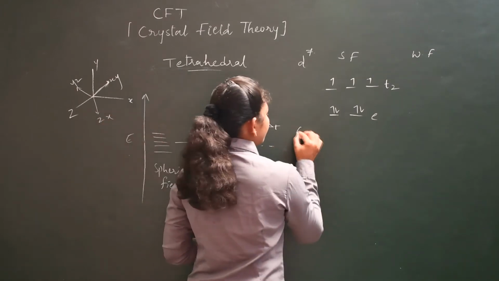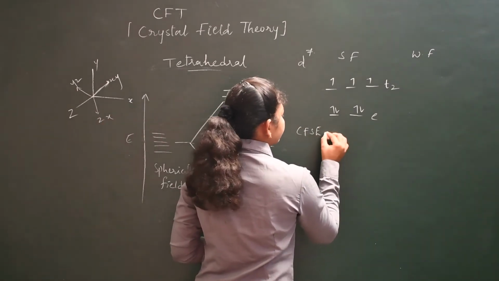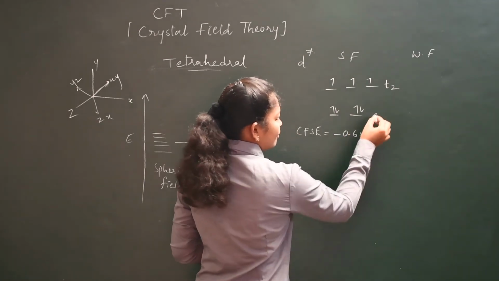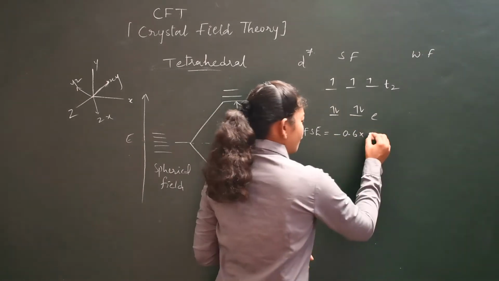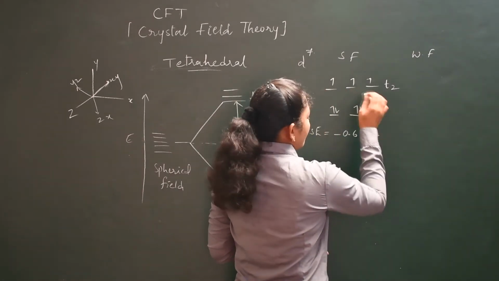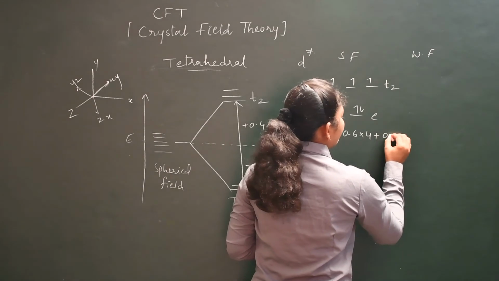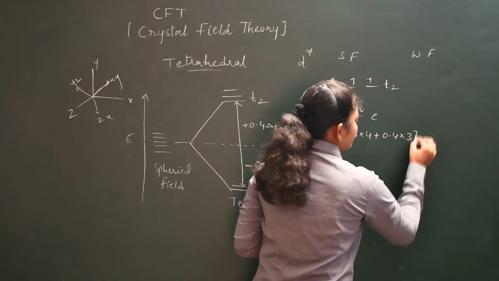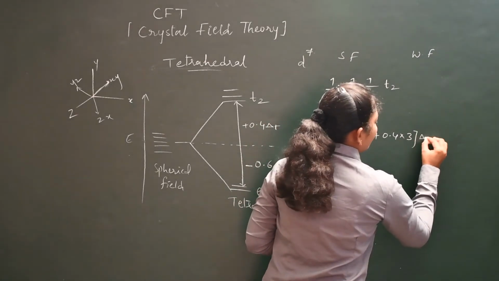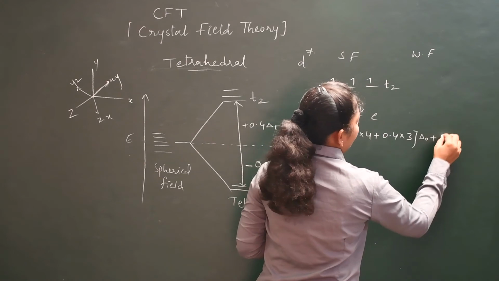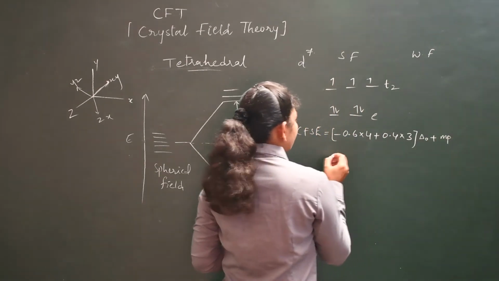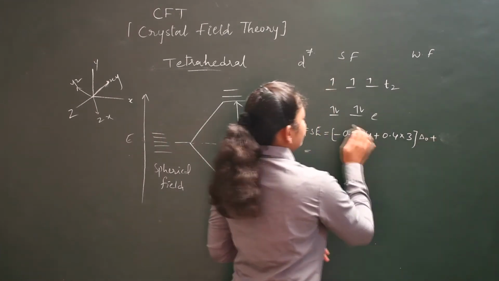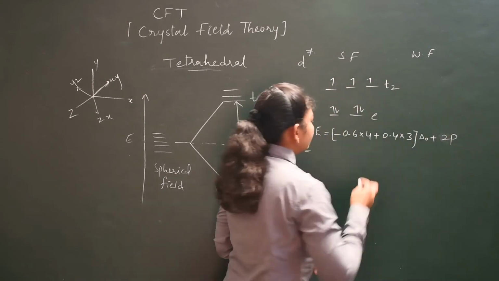Now CFSE will be minus 0.6 into, how many electrons are there in E? 4, plus 0.4 into T2 having 3 electrons, into delta T plus MP. Here MP means, for E, directly you can write 2P.